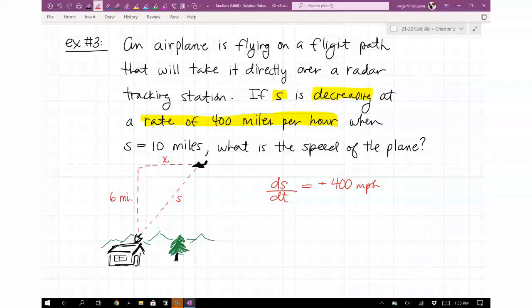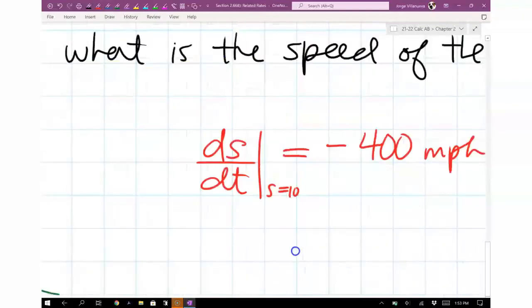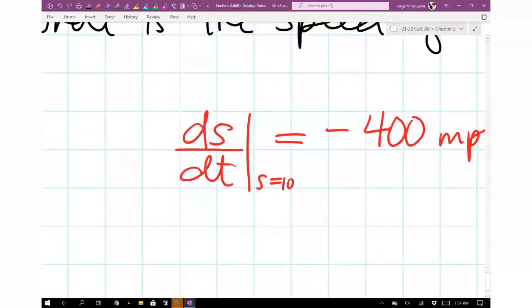Now, they say if S is decreasing at a rate of 400 miles per hour when S equals 10. So actually, I could be a little bit more exact with this. When S equals 10. So I'm going to put a little S equals 10 right near the bottom, right there.